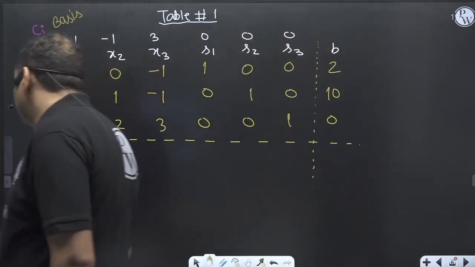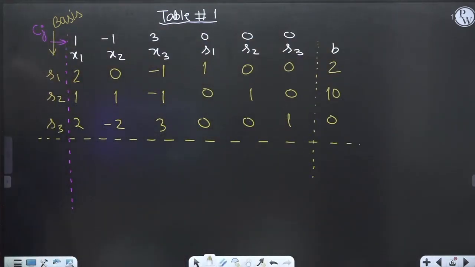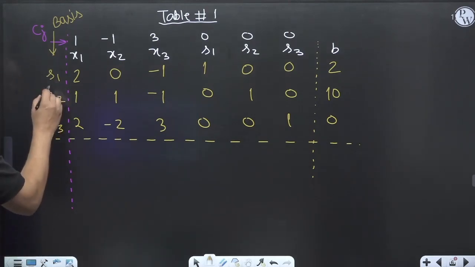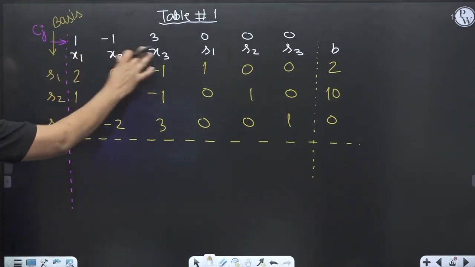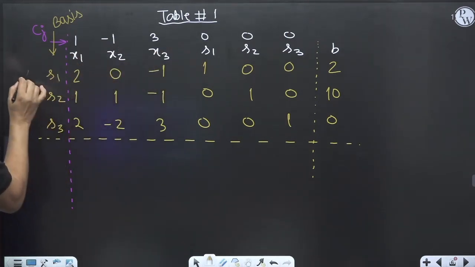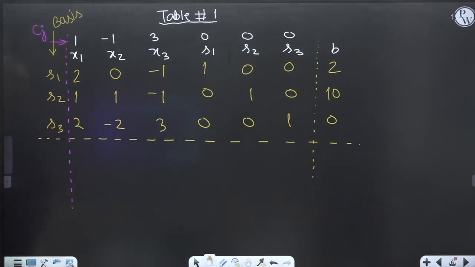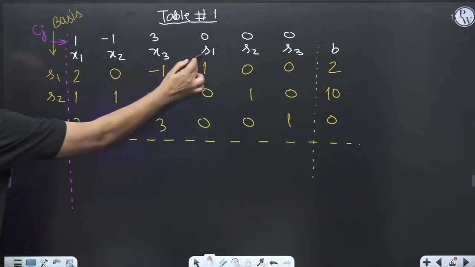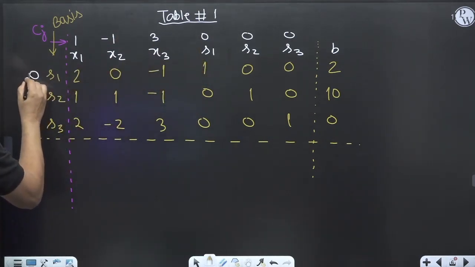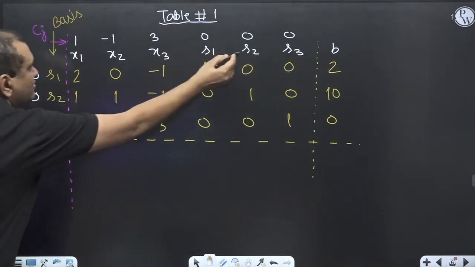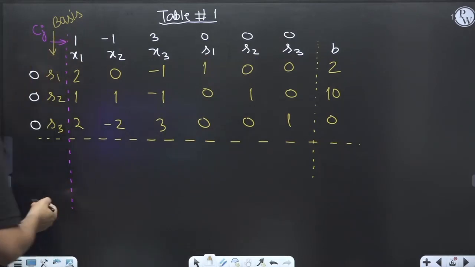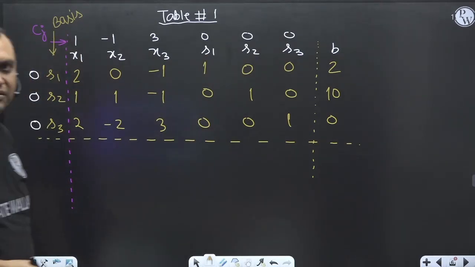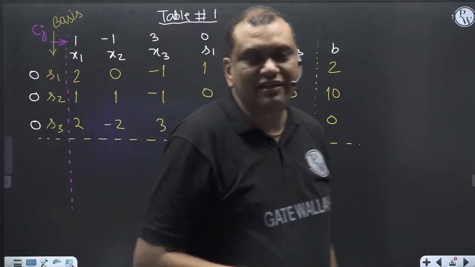Now, the coefficients of these variables in the objective function, on the left hand side. Coefficient of S1 is 0. Coefficient of S2 is also 0. And coefficient of S3 is also 0. Correct?